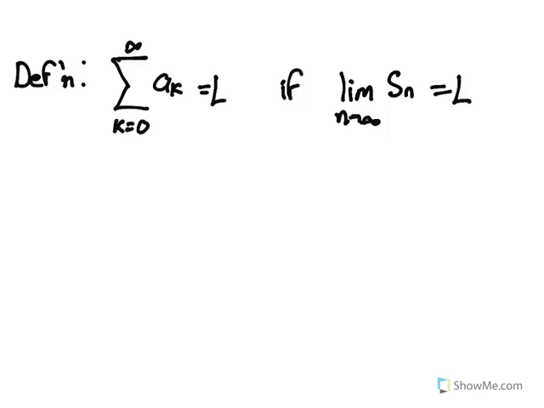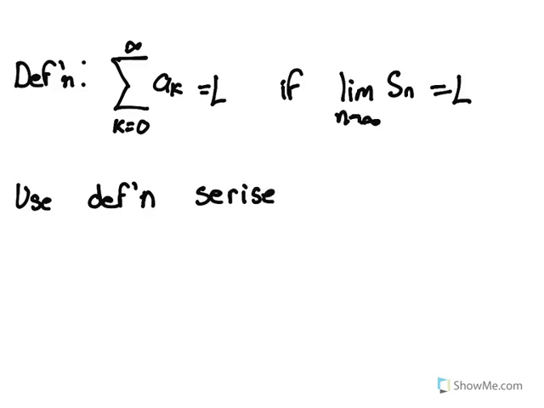We know what it means for a sequence to converge to a limit L. And we use that definition to define what it means for a series to converge or add up to L.